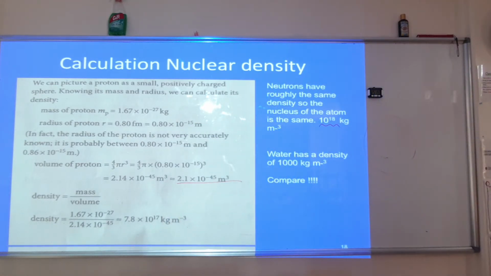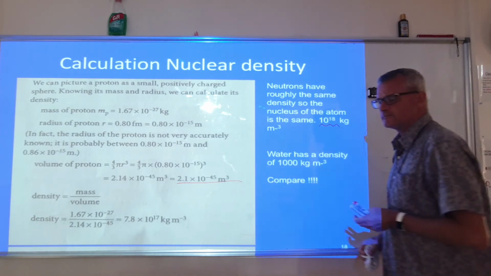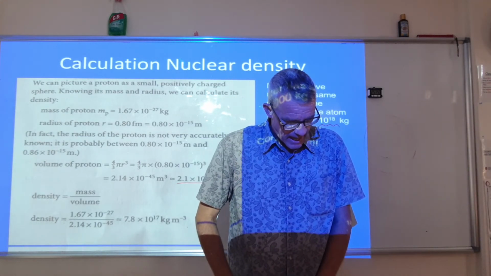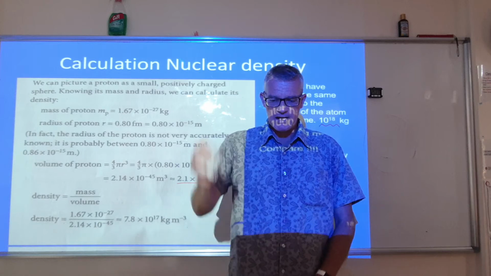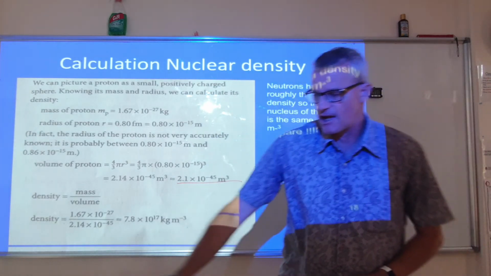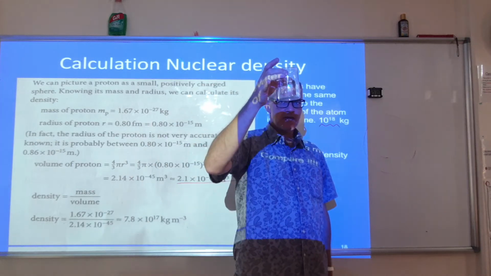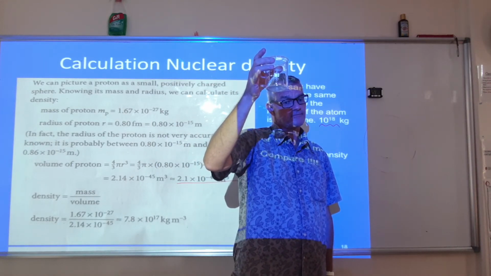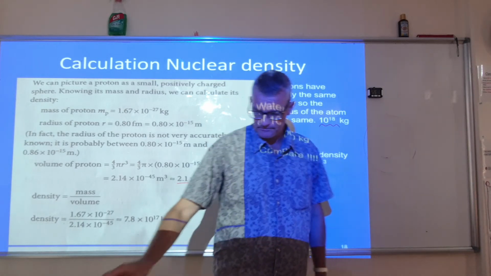So if we would take away the empty volume of the atom and only consider the volume of the nucleus, and I would fill this beaker, I think I would have more or less the same mass as the Earth. So you can imagine.